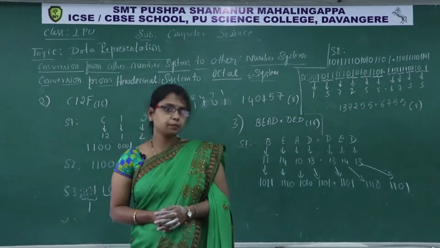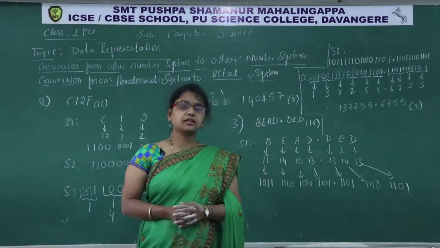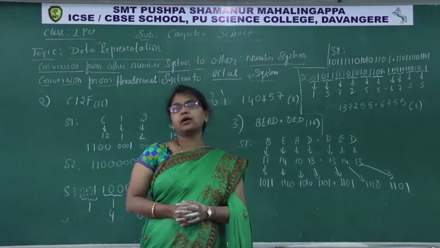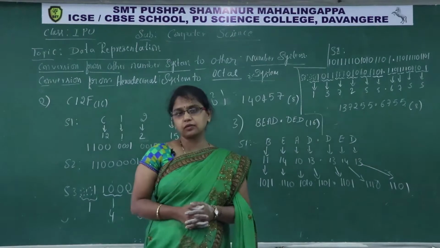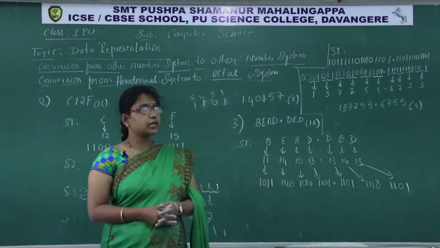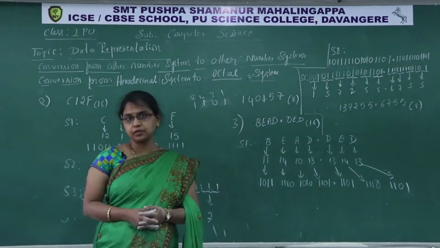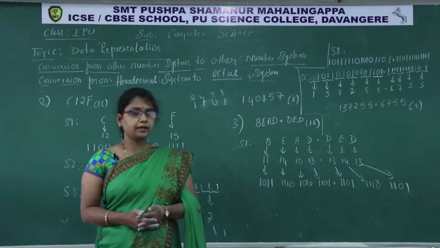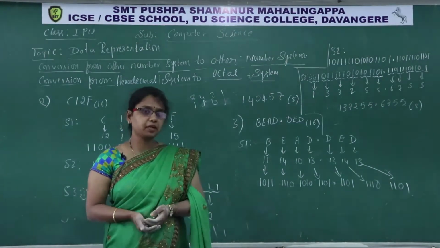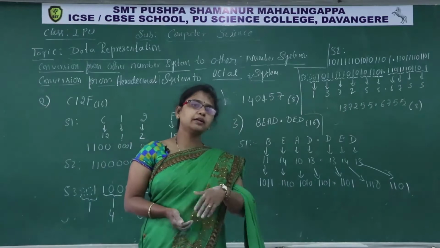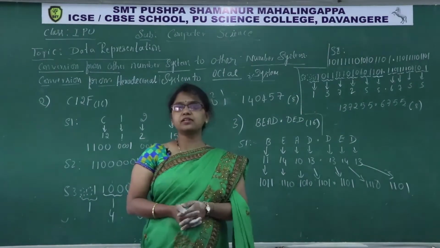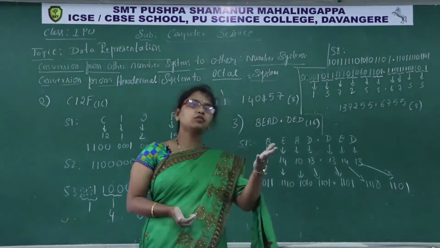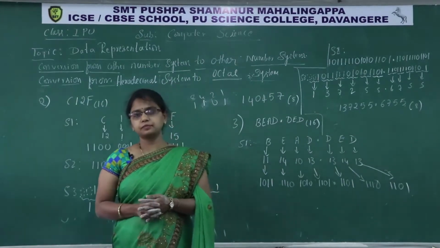For the next step, you have to take the result and ignore that carry, and those carries would be the result. You have to write them in a top down manner. The same method is applicable for decimal to octal and decimal to hexadecimal. The only difference is you have to take the base of that particular number system.